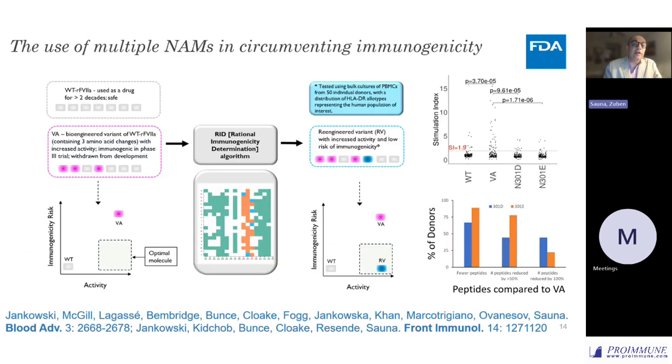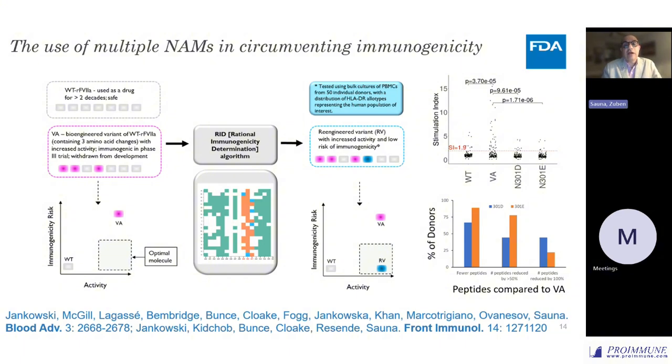This is an example of using multiple NAMs to circumvent immunogenicity, where many of the techniques I talked about just now are used and integrated to redesign this molecule, the vitropatog alpha, which was very immunogenic, to make variants of that molecule which retained the functional characteristics for which the design was made initially.